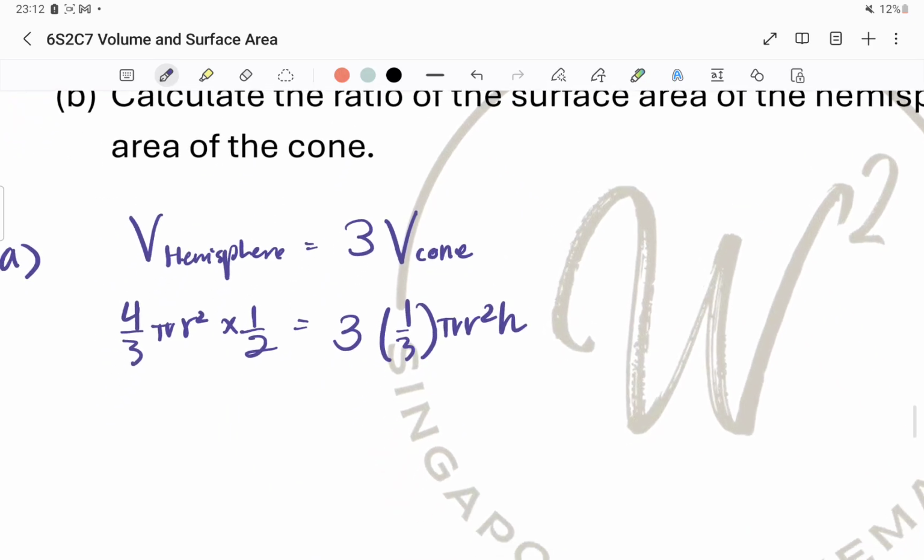They already tell you the volume of the hemisphere is 3 times the volume of the cone. So left hand side and right hand side, you need to simplify. For the left hand side, that is 4 over 3 multiply 1 over 2. Multiply the coefficients first, so here you have 2 over 3 pi r cube. Next, 3 times 1 over 3, you get 1, so you are left with pi r square h on the right hand side.